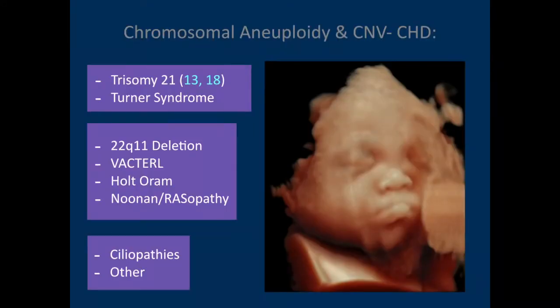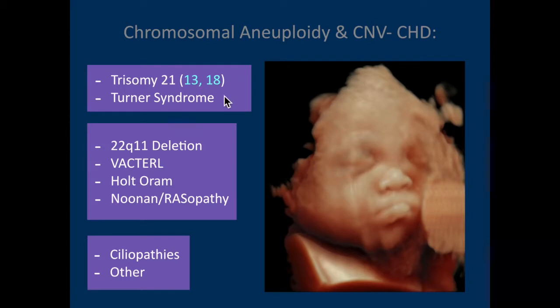Now, chromosomal aneuploidy and congenital heart disease, as well as syndromic associations in congenital heart disease, is probably beyond the scope of this talk, but we're going to give some attention to some of the more common disorders that we encounter. Obviously, in terms of chromosomal aneuploidy, trisomy 21 and Turner syndrome are very common.